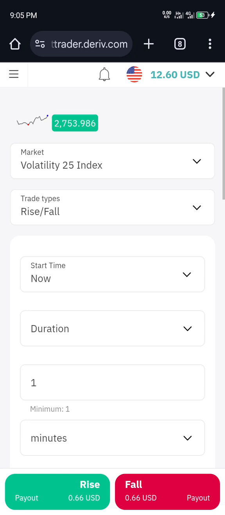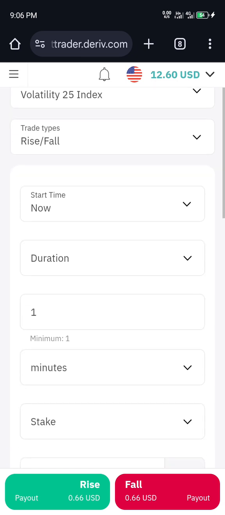And the seller market for 35 cents still remains 15 cents. For the $1.05, the seller market is at 45 cents. Then for the $2.10 stake, the seller market is 90 cents. That is 0.90 USD.